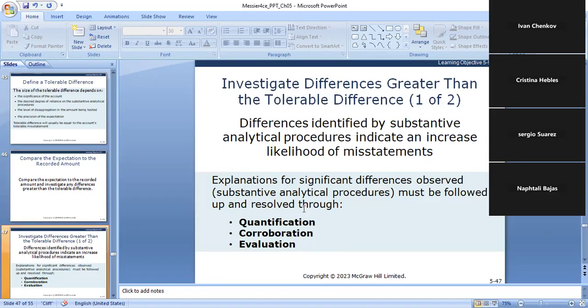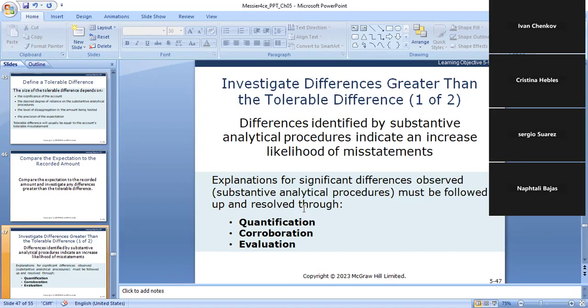Now, once we come up with this, then we're going to see the differences. If the difference is greater than the tolerable difference, if we set up the tolerable difference to be one amount and the actual investigated difference is greater, then we have to investigate.